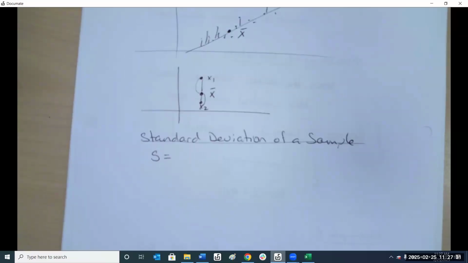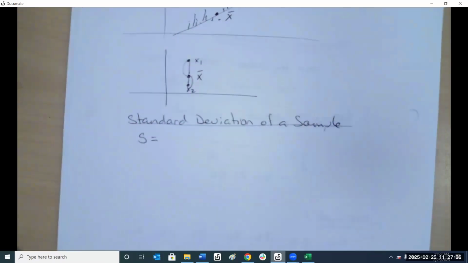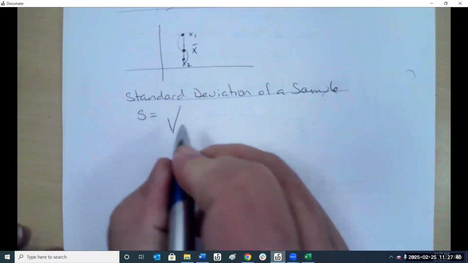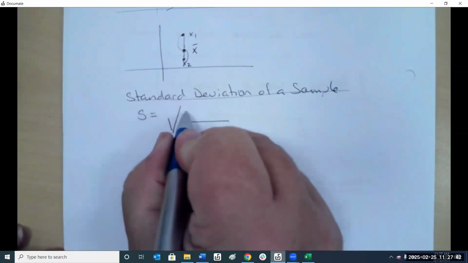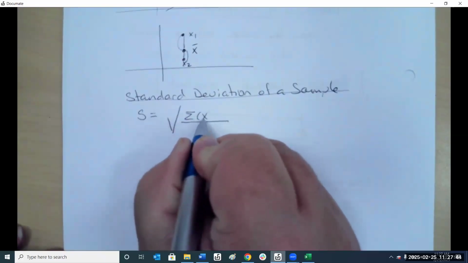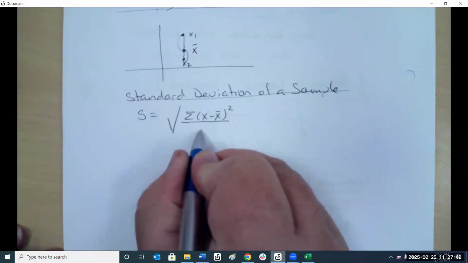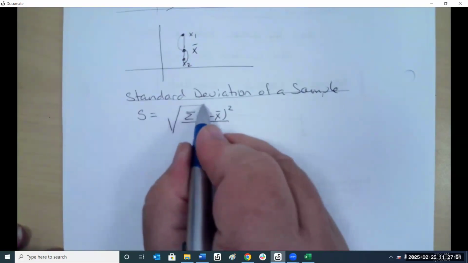We have two equations that we're going to be referring to all the time. The summation of x minus x bar squared over n minus 1.